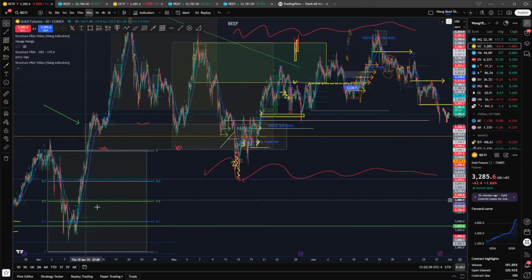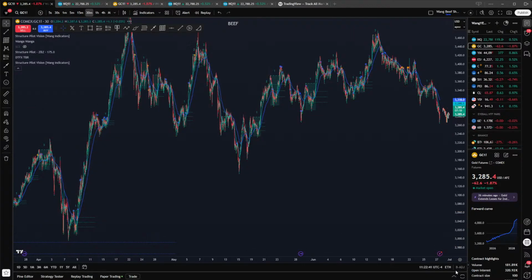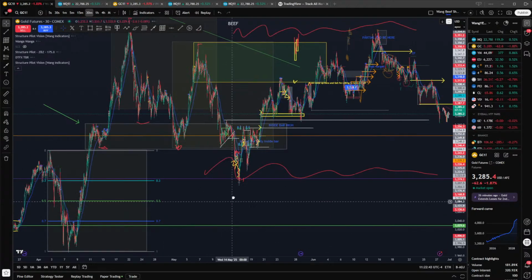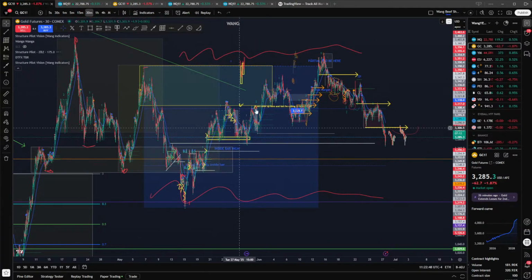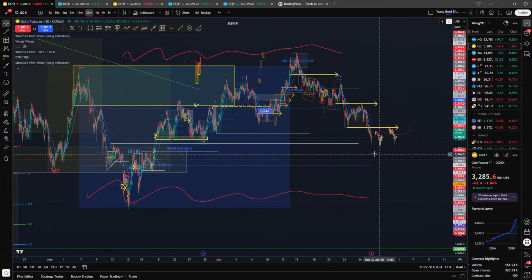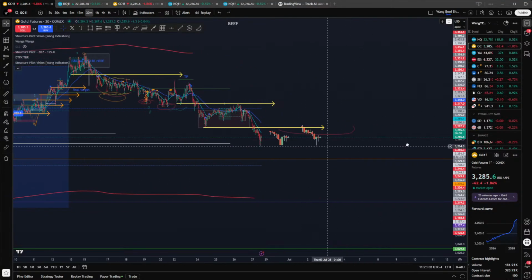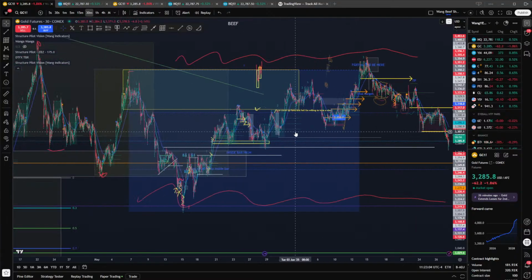We came in, closed above this, and now we're sitting around the 50%, right? From this high to that low.